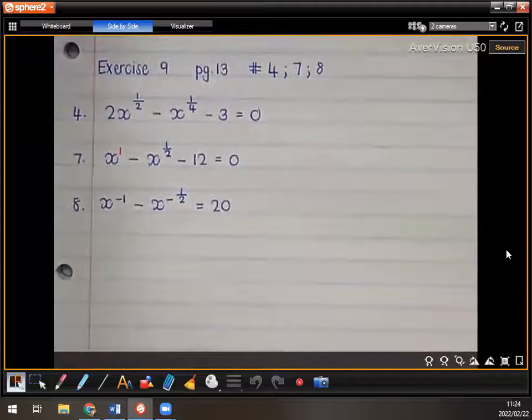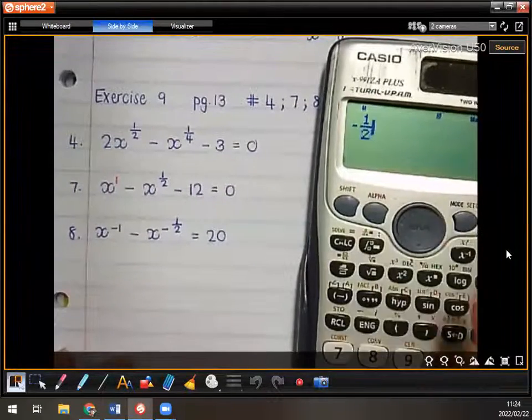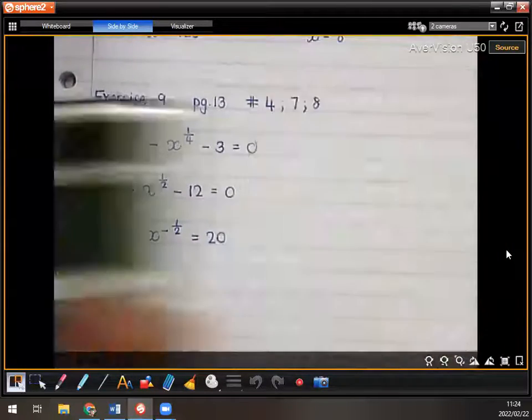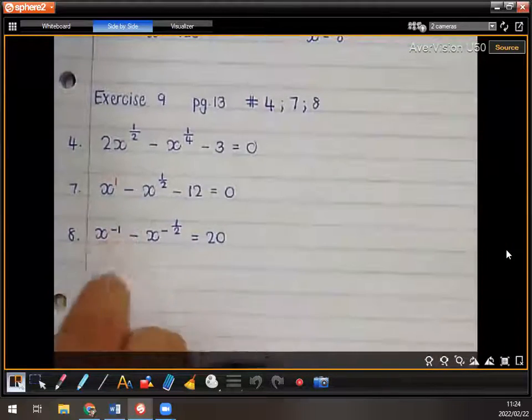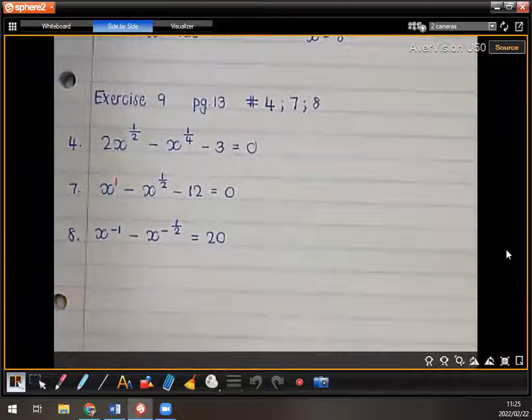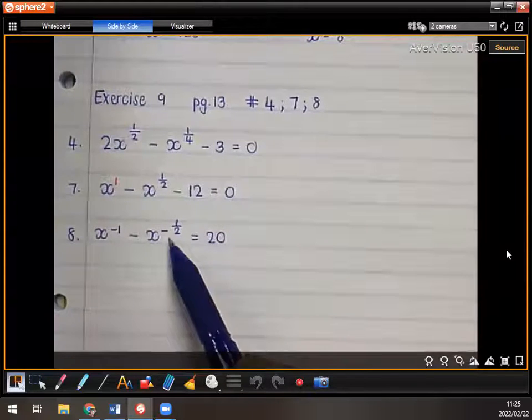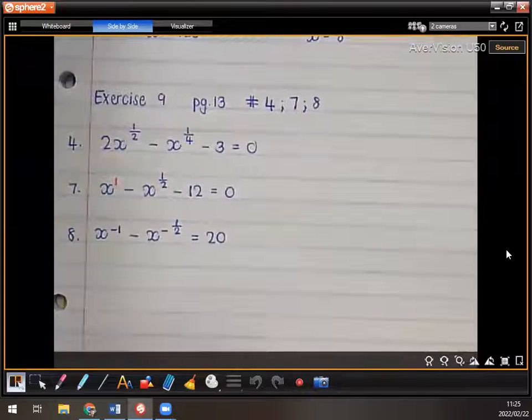If you're not sure about that, guys, you can just check what's -1/2 times 2. It is -1. So here we have the same thing happening. The first exponent is double the second exponent. The only thing that's different here is that when you're using your quadratic formula, you're going to write x to the -1/2. But that's not the end of the world.